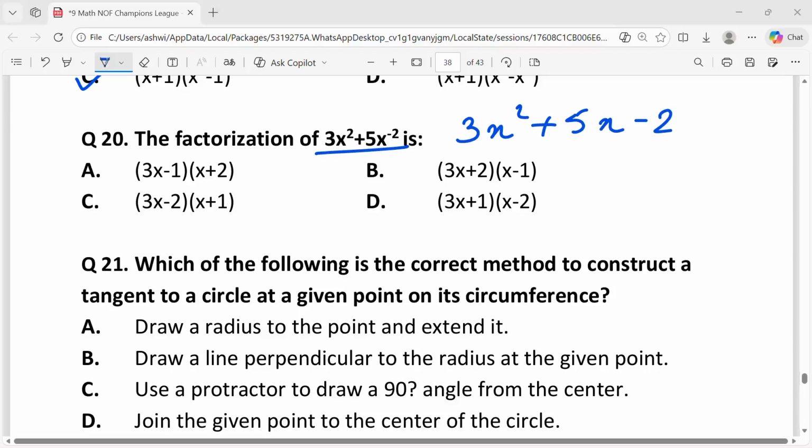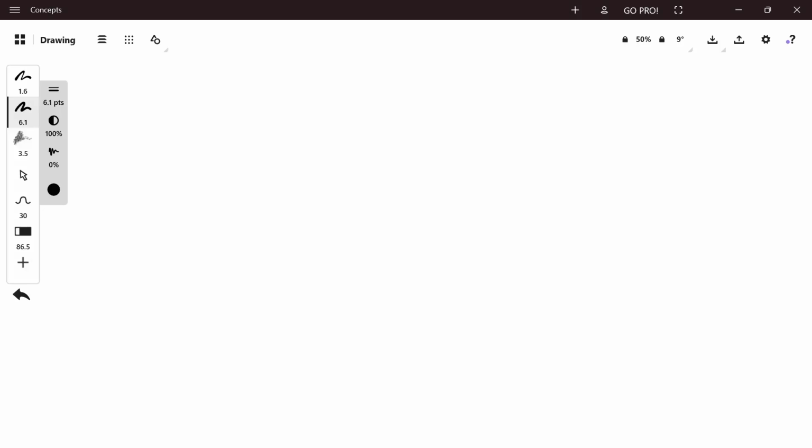Factorizing this, for the quadratic equation ax square plus bx plus c, we have a as 3, b as 5 and c as minus 2. We need two numbers that can multiply to minus 6 and add up to 5. These are 6 and minus 1.